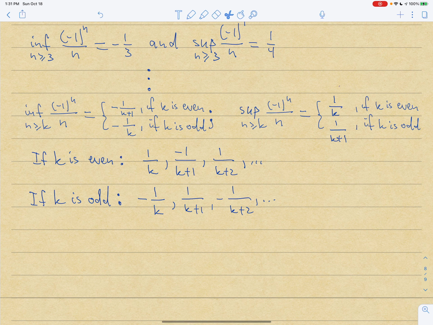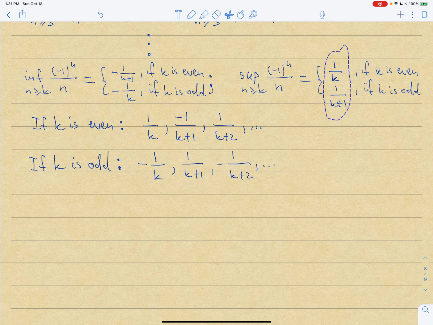And the supremum is a positive number that is getting smaller and smaller in size. So if I chop off k initial elements and I take infimum and supremum of the resulting terms in my sequence, as k gets bigger, infimum and supremum are getting closer and closer to 0. So that means that the window of oscillations actually is getting smaller and smaller as k goes to infinity.